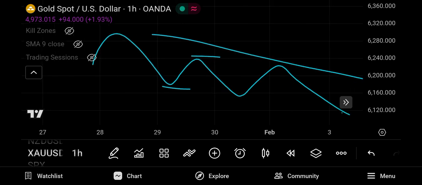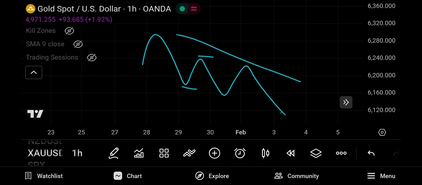These are made up of lower lows and lower highs that make them a downtrend. It's also known as a seller's market. You get me? It's bearish momentum. When I say bearish, it means down. When I say bullish, it means up. Bulls go up, bears go down.